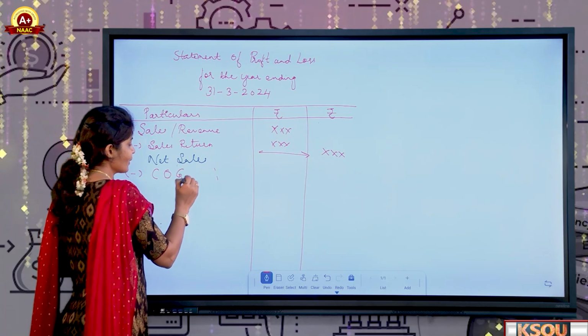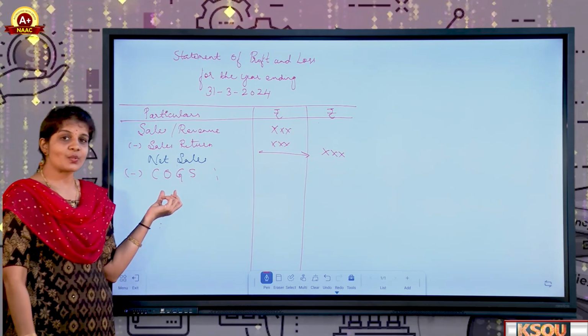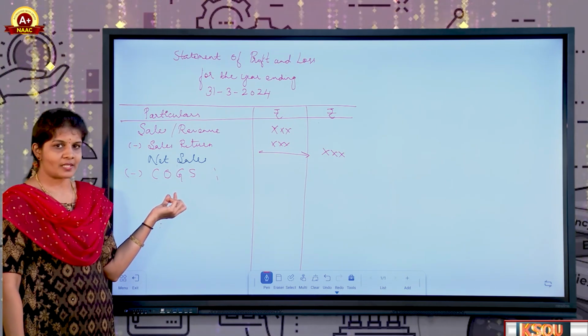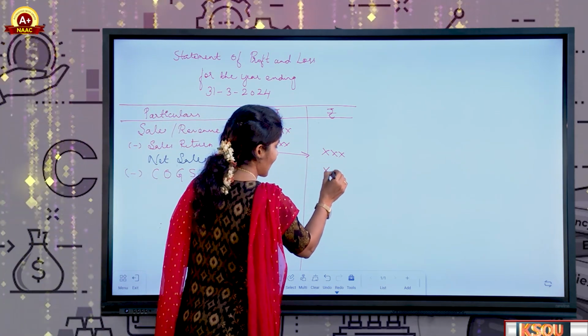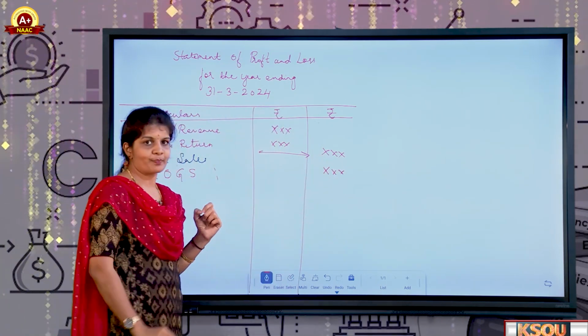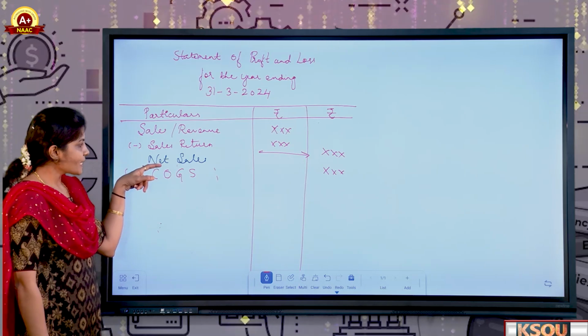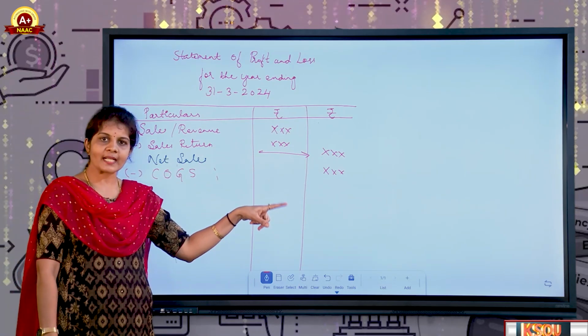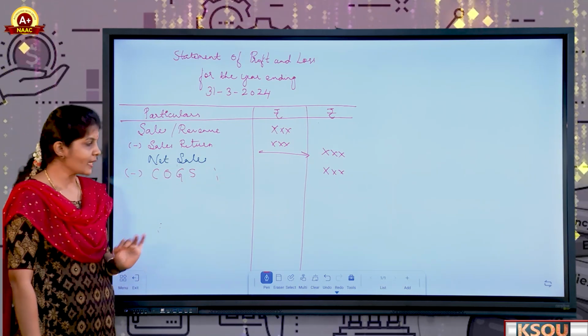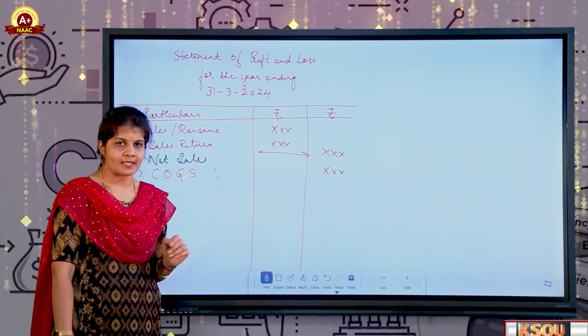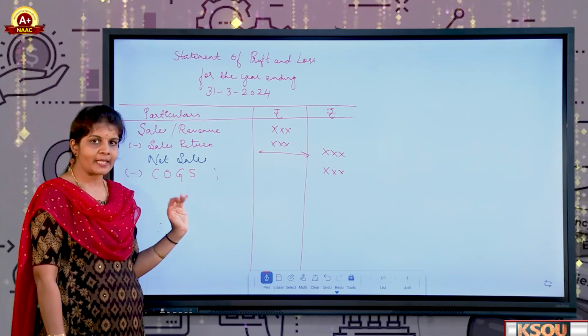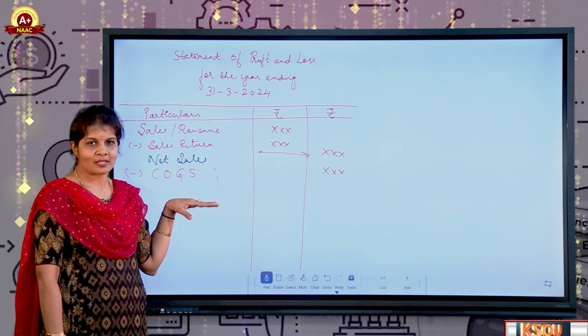From this net sales, we have to deduct cost of goods sold. We need to understand what this cost of goods sold is. Actually, this cost of goods sold is also called factory expenses. I will explain later how to obtain this cost of goods sold.